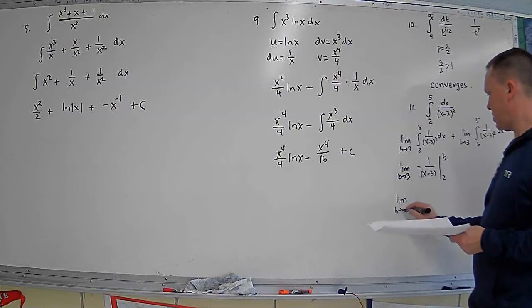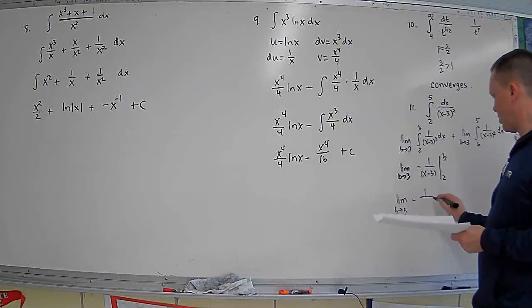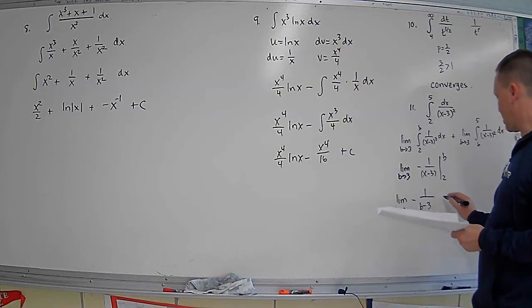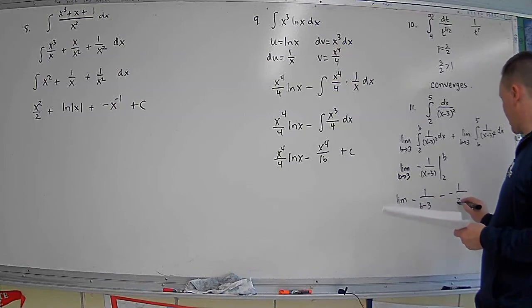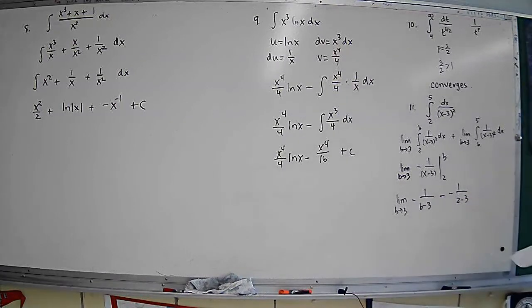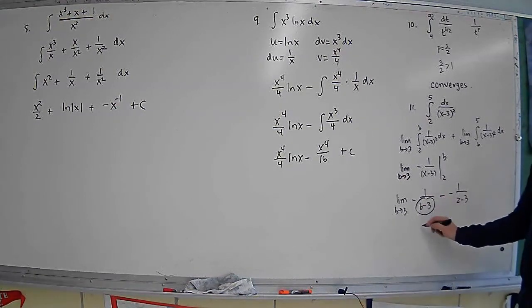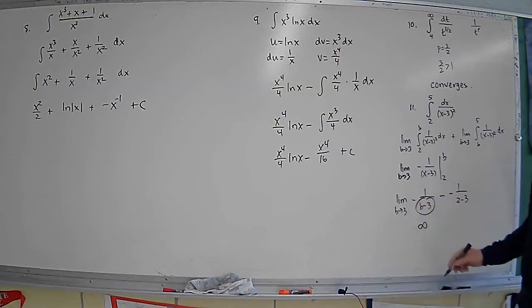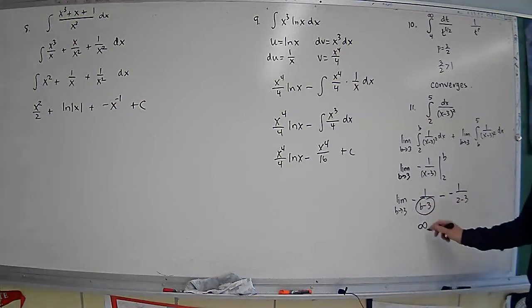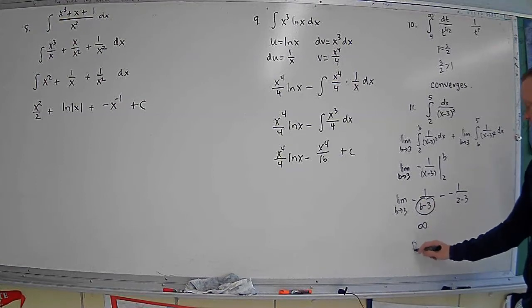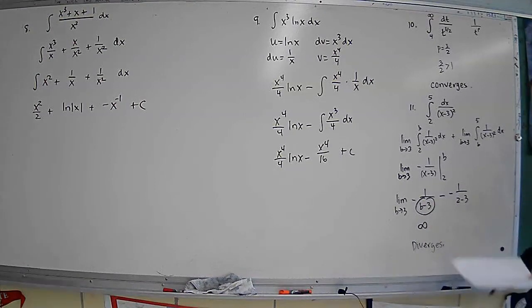So that's the limit as b goes to 3 of negative 1 over b minus 3 minus negative 1 over 2 minus 3. And as b goes to 3, this denominator is approaching 0, which means the whole fraction is approaching infinity, or negative infinity in this case, because of that negative sign. So that's going to infinity, so this integral diverges. Okay?